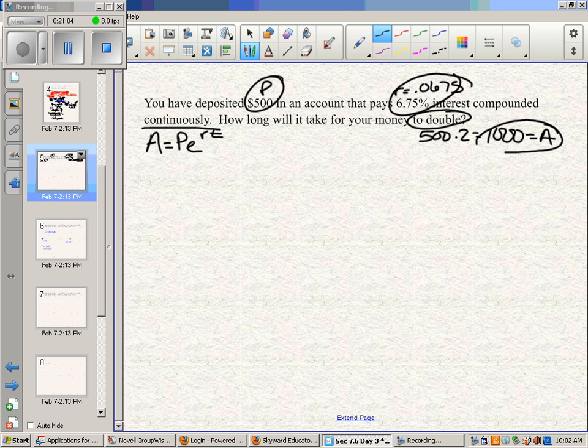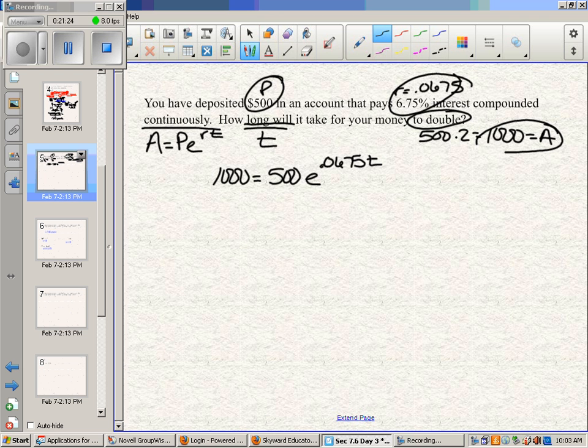Good. What are we looking for? T. So we've got 1,000 equals 500 E, because you don't plug anything for E. E is a number. R is 0.0675 to the T.